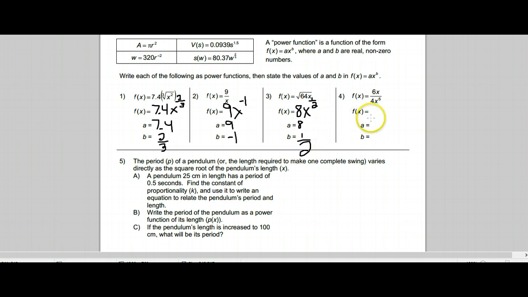Alright, look at number 4. You're going to have to simplify first. So look at your numbers, your coefficients. You get 6 divided by 4. That would be 3/2, which is 1.5.